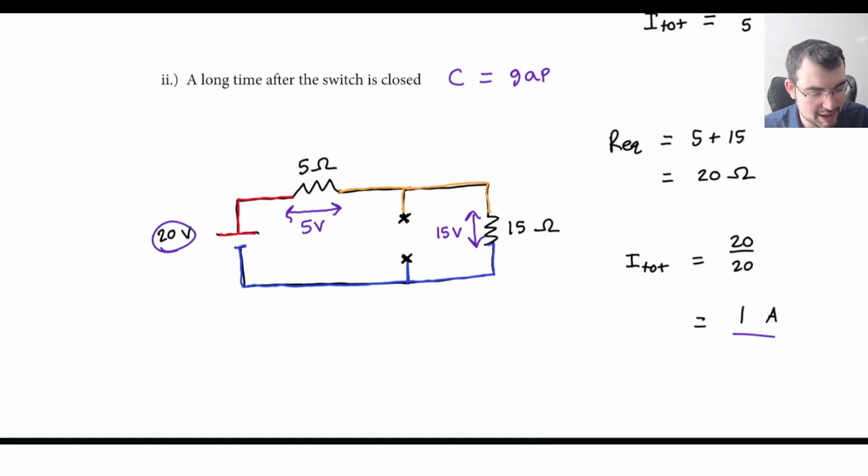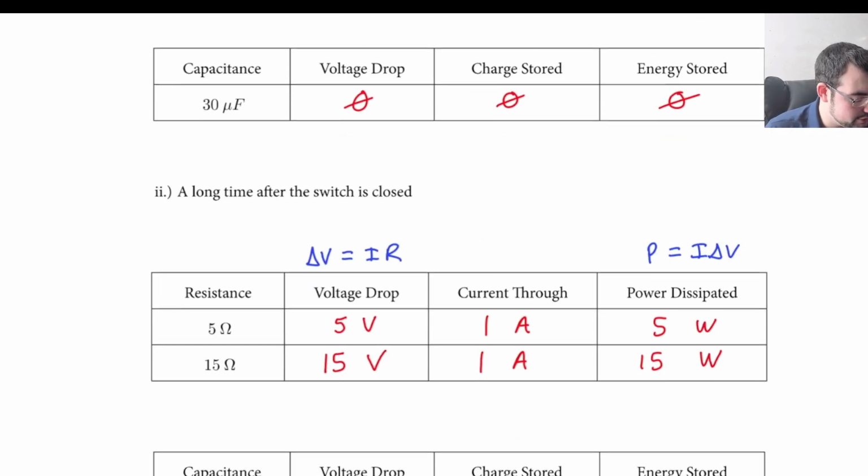So if I start at the battery, I have 20 volts to drop. I've dropped 5 over the first resistor, and I've dropped the remaining number across this capacitor. So, of course, this has to also be 15 volts because it has to satisfy the loop rule, or you could just say objects wired in parallel receive the same voltage drop.